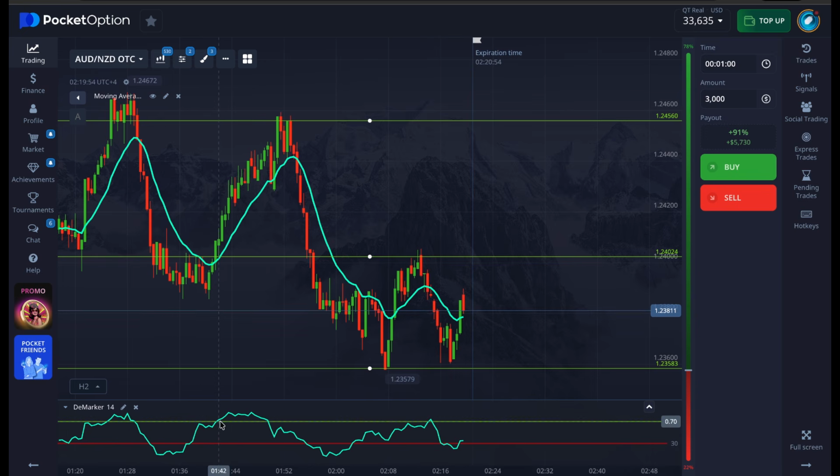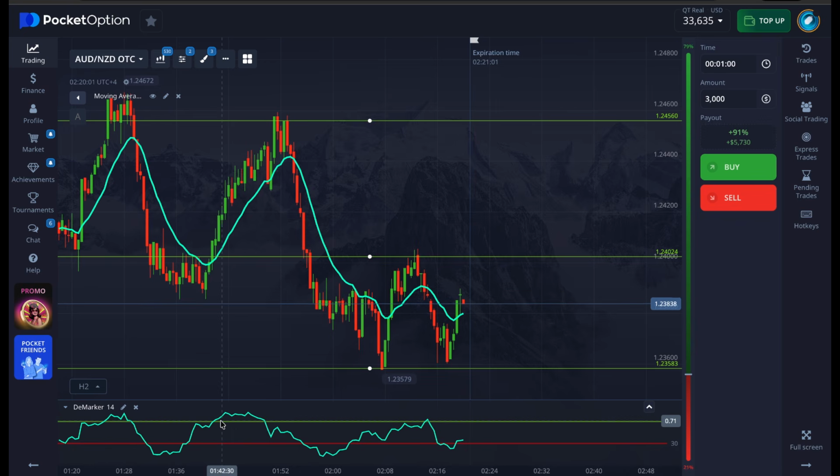Then the buyers are being strengthened. You don't have to take a trade right there. What you really need to do is wait until it starts moving back into the zone. Around the time when it starts moving back into the average zone, there is a formation of trend.